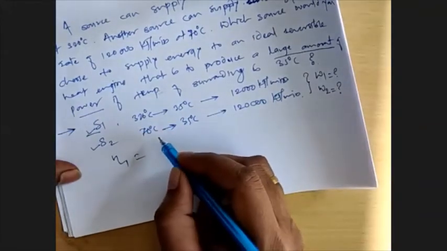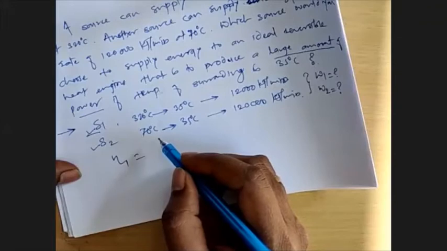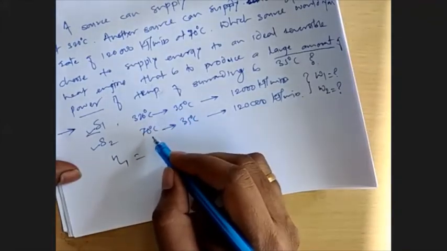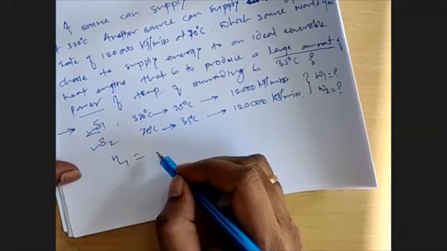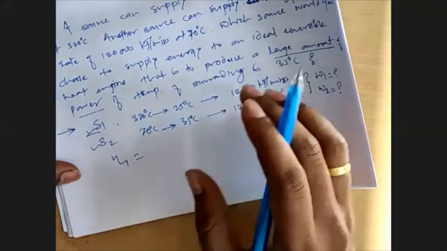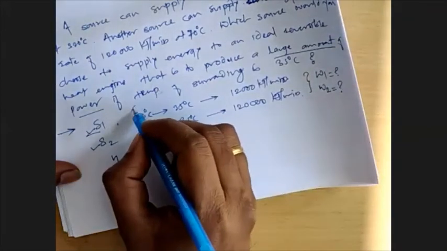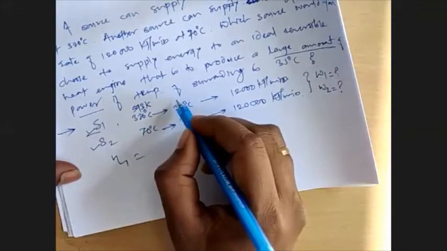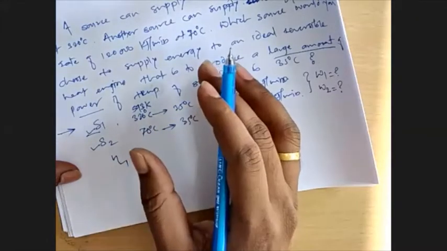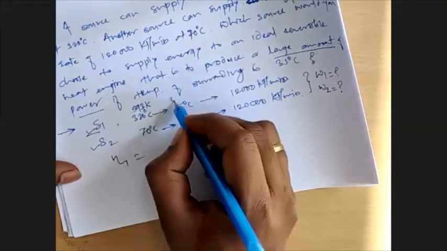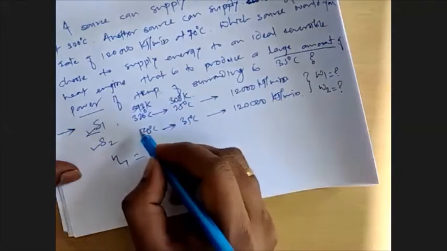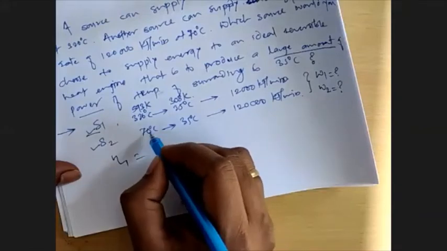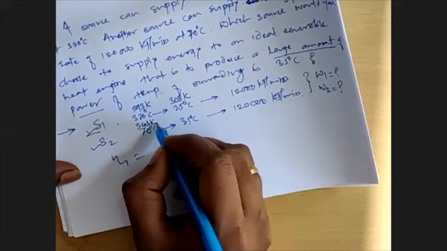can somebody tell me the conversion of all those temperatures into Kelvin? 320, 35 and 70. 320, so 593. 593 Kelvin. 35 is 308. 308 Kelvin and 70, 343. 343 Kelvin. Okay.